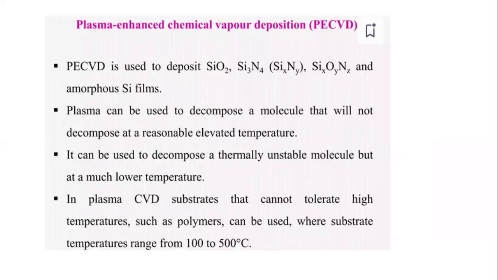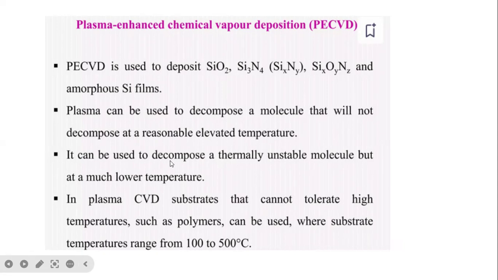Plasma-enhanced chemical vapor deposition. Plasma-enhanced chemical vapor deposition is used to deposit silicon dioxide, silicon nitride, silicon oxynitride, and amorphous silicon films. Plasma can be used to decompose a molecule that will not decompose at a reasonable elevated temperature.